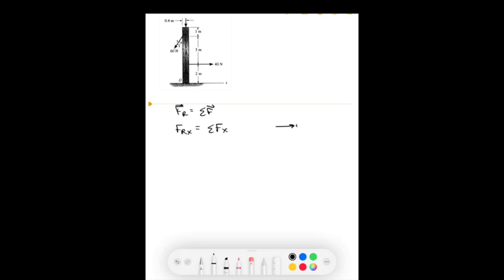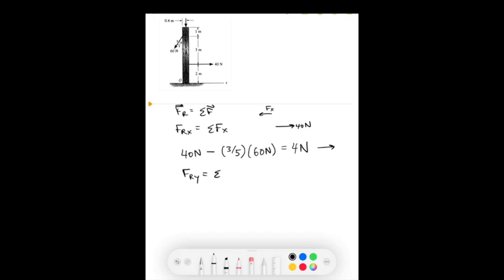So we see that there's a 40 Newton force acting in the positive direction, and there's an x component acting in the negative direction. So we'll take 40 newtons minus just the x component in this one. So that's 3 over 5 times the 60 Newton force, which in this case is equal to 36 newtons. So there's a 4 Newton force equivalent acting in the positive x direction.